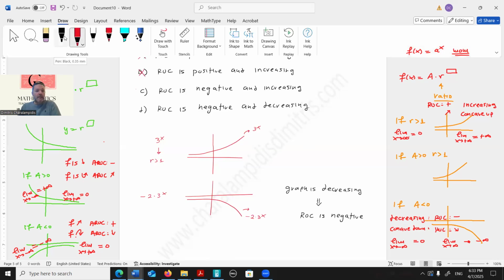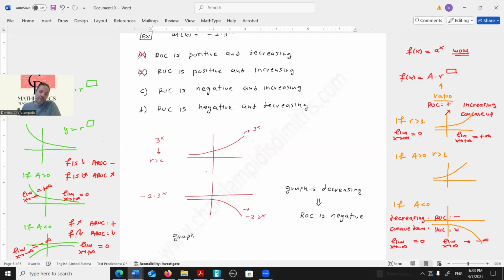Then, regarding the concavity, we do see that the graph is concave down because it partially looks like an upside down U shape. Now, how is the rate of change and the concavity of a graph related? We know that if the graph is concave down, then the rate of change is decreasing.